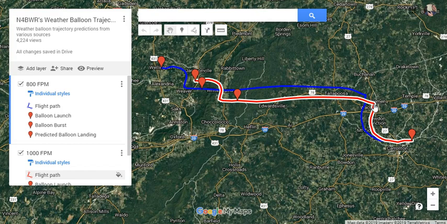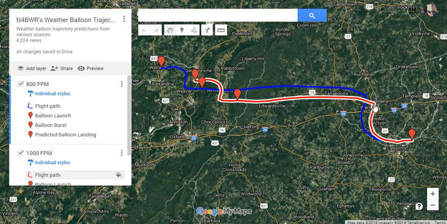There are still some dynamics to flights that you can't completely predict. We can roughly talk about the burst altitude and what it would be based on the balloon size and how much helium we put in it, and therefore the ascent rate that we get.